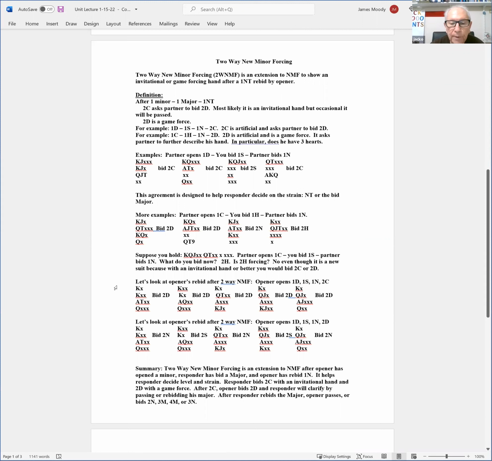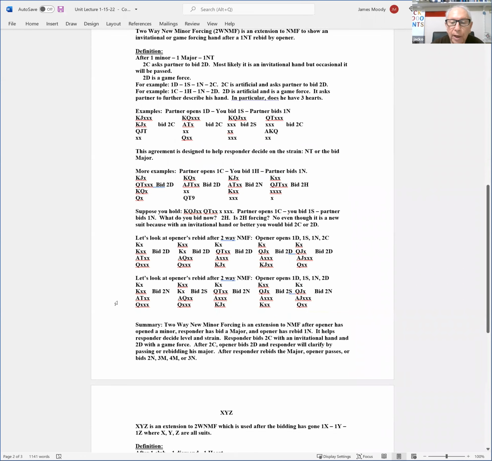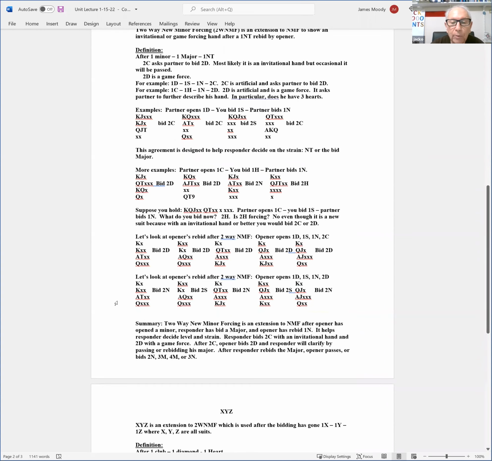So, okay, summary. 2-way new minor forcing is an extension to new minor forcing after opener has opened a minor, responder has bid a major, and opener has rebid 1 no trump. It helps the responder decide level and strain. Again, I say that a lot because responder's the captain. Responder bids 2 clubs with an invitational hand and 2 diamonds with a game force.